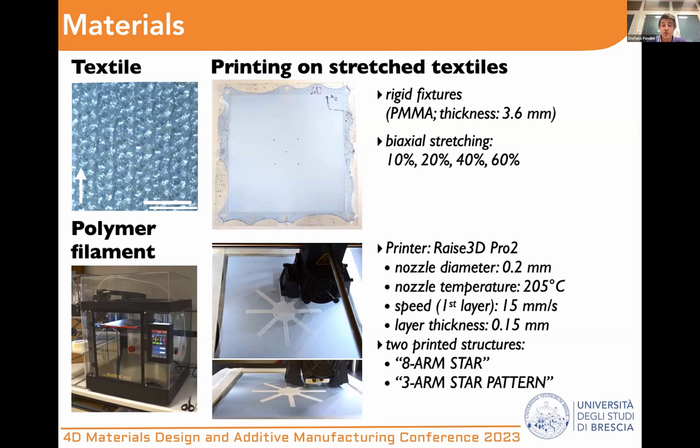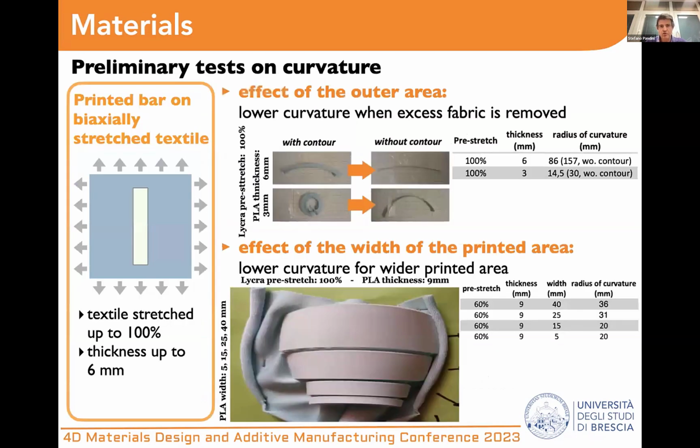And then the textile was used as a layer on which, under standard pre-optimized printing conditions, 2 different patterns were printed. Concerning the geometries I'm going to show you, we had carried out some preliminary experiments, which consisted simply in printing bar-shaped elements with various thicknesses and widths on pre-stretched textiles.